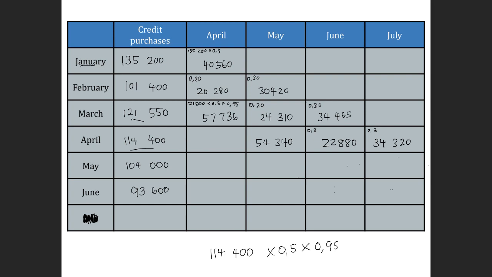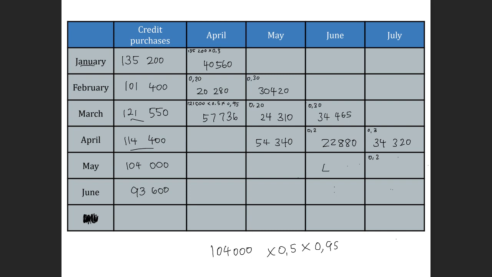So 50% in June, which we're going to work out at the bottom here, and then 20% in the month of July. Okay, so it's 104,000 as your credit sale, 50% of it first to say that this is paid in June, but then 95% of that is the actual amount that we will pay.